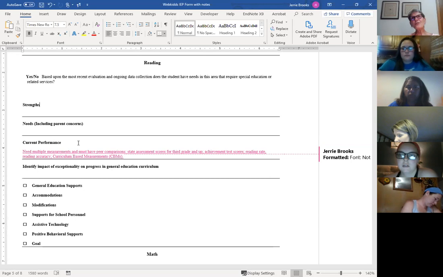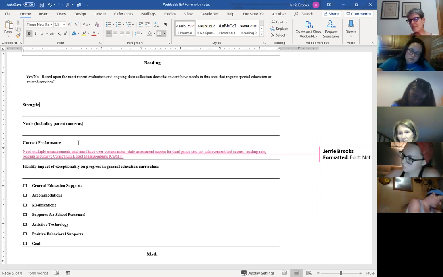And not to confuse it, but to muddy the waters a little bit, when we're talking about mastery of a skill, a skill is considered mastered when they can do it at 80% correct. So mastery of a skill is 80%, but independent mastery for reading and accuracy needs to be at 90%.